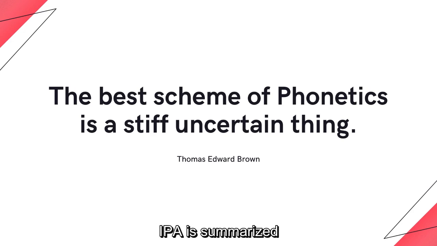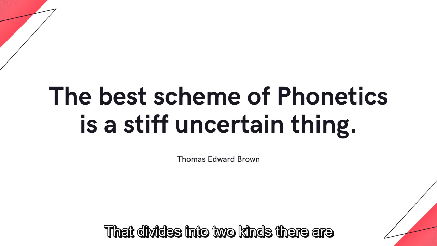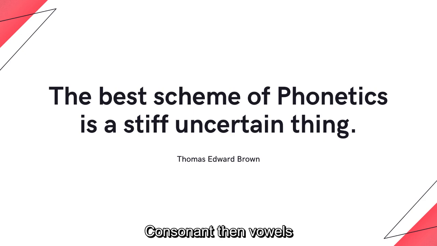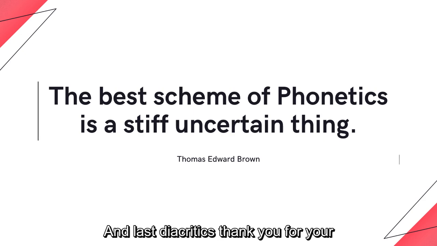The IPA is summarized in the IPA chart. There are first segment, second suprasegmental, third consonant, that divides into two kinds: pulmonic consonant and non-pulmonic consonant. Then vowels, and the last diacritics.